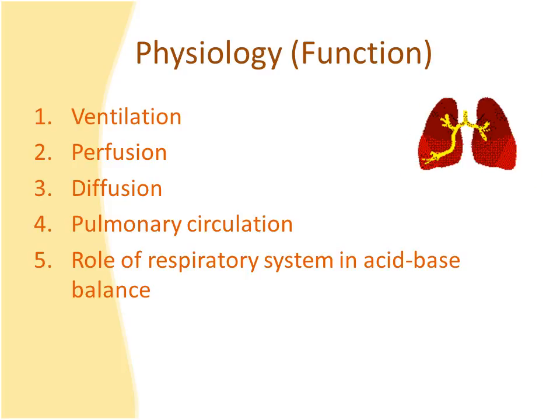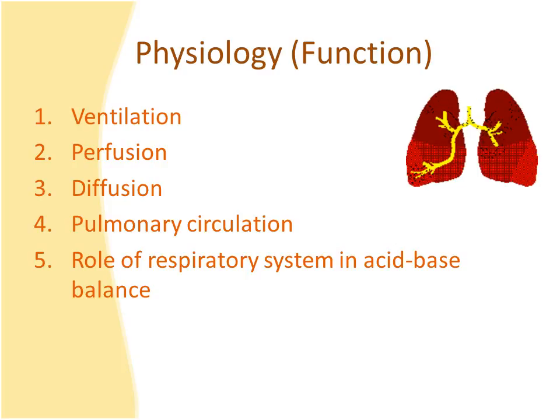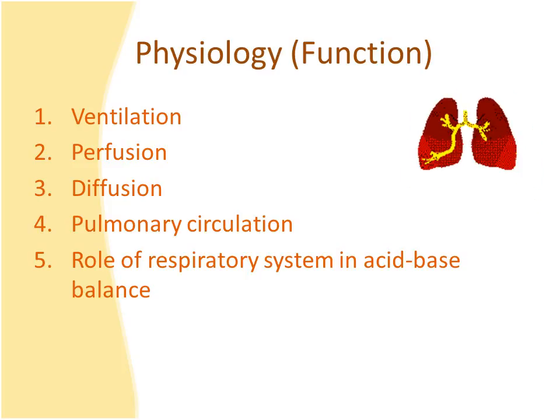So if we increase ventilation, and everything else is working well, including perfusion and diffusion, so we have adequate gas exchange, then an increase in ventilation will cause us to get rid of carbon dioxide. So if we think of carbon dioxide as an acid, we're getting rid of acid.